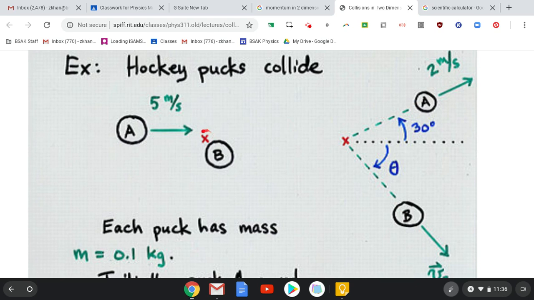This is the mutual collision point of both A and B. Now, that point should be literally on that surface because that's where the collision takes place. So that's a slight mistake. It should be shifted right to where A directly hits B.